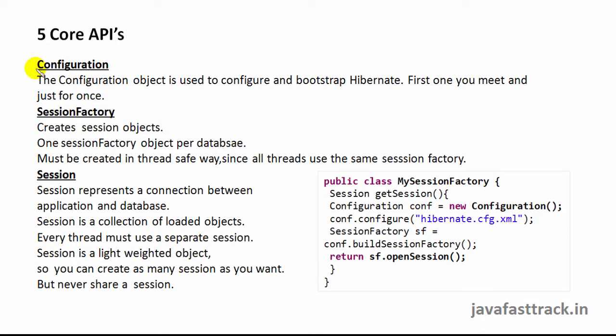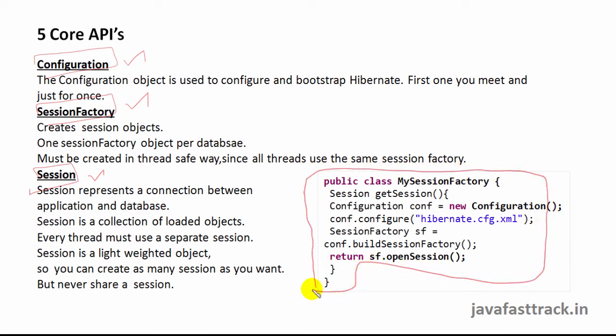As I told, first I'll be exploring the 3 basic APIs. One is the configuration, second is the session factory, third is the session. Before I explain about the configuration, the session factory and session, first of all, I'll try to understand the session factory code we have used before.